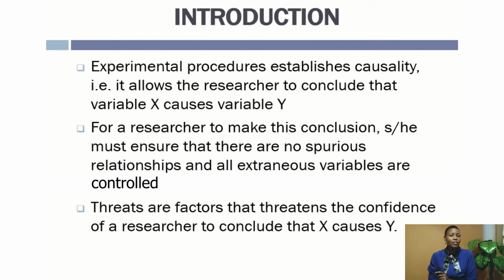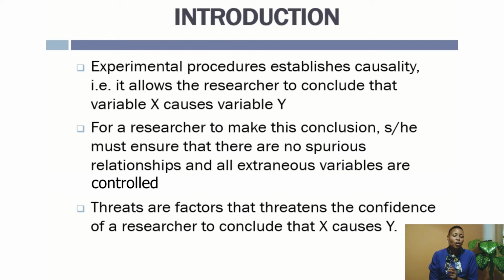We remind ourselves that the experimental procedures or designs that we have discussed are the only designs, and therefore very unique, that allow the researcher to conclude that X causes Y. For you to be 100% confident that X causes Y, and when I say 100, I'm now talking like a layman, she or he must be sure that there are no spurious relationships and all extraneous variables have been controlled.